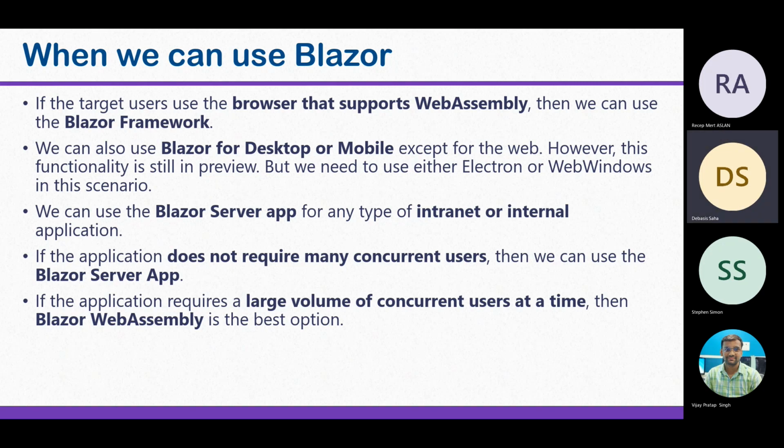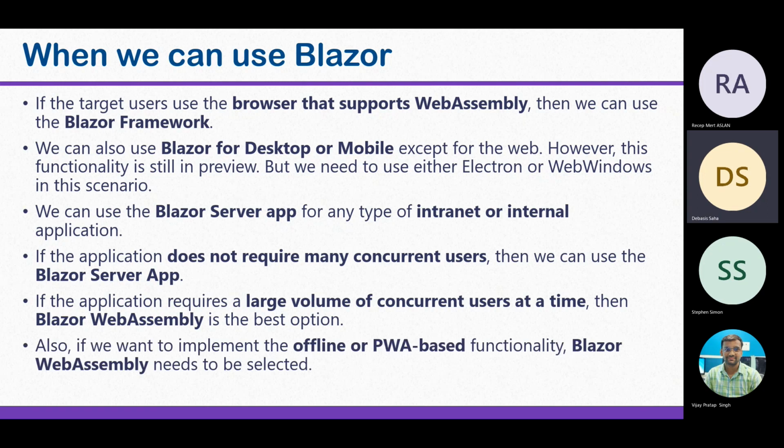If we are going to use an application which may be used by a large volume of users, then in that case Blazor WebAssembly is the best option, because in Blazor WebAssembly the entire application is cached in the client web browser and run from the browser as a client-side application. So it is much better, and it reduces a huge load from the server also.